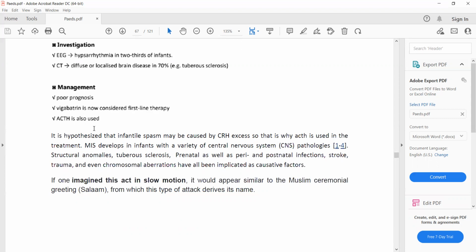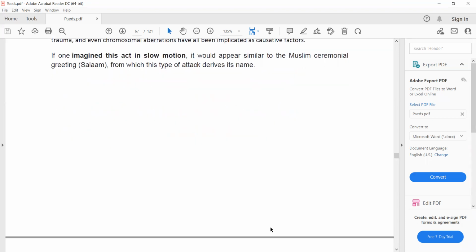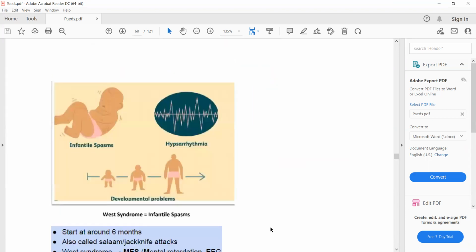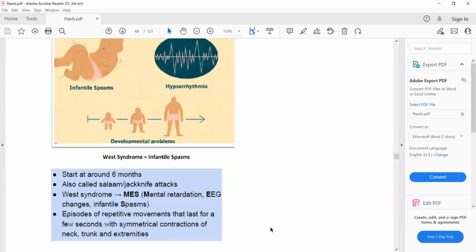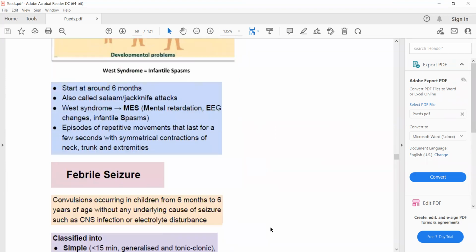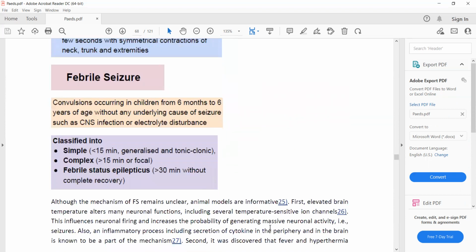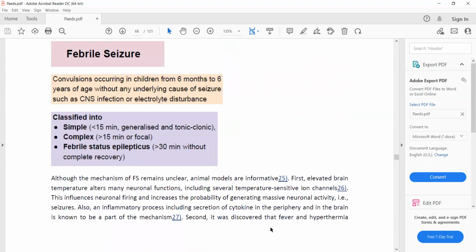So that's why ACTH is sometimes also used to treat infantile spasm, because ACTH will suppress CRH level, and when CRH levels are suppressed, the symptoms can improve in infantile spasm. So the first line treatment is Vigabatrin, and the second line is ACTH. Next topic is febrile seizures.